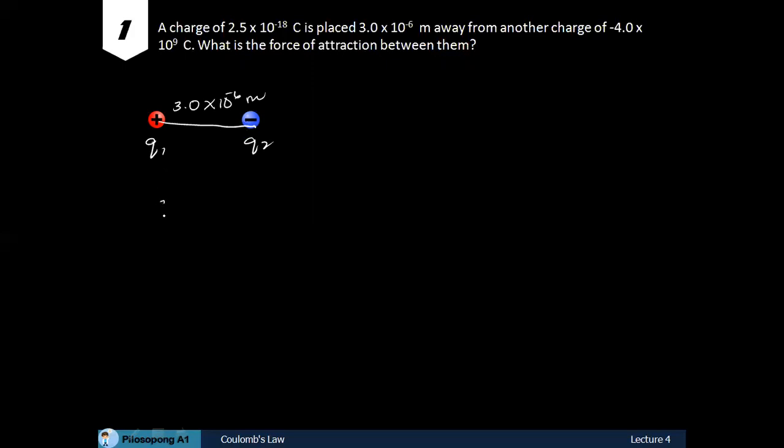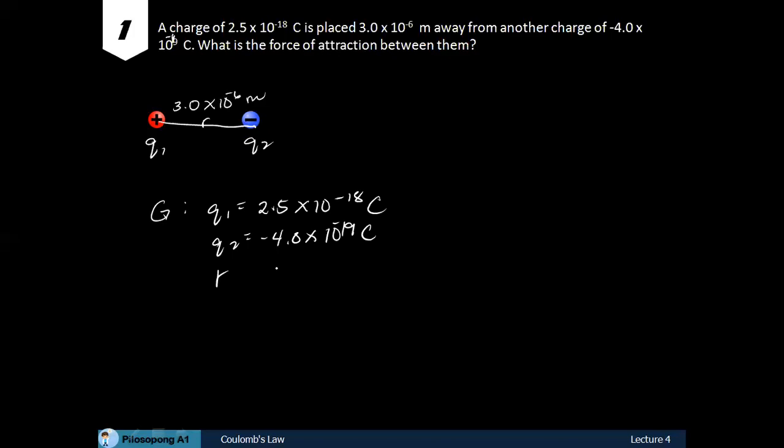So let's write the given. Our given are Q1, 2.5 times 10 raised to negative 18 Coulomb. Q2 is negative 4.0 times 10 raised to negative 19 Coulomb.